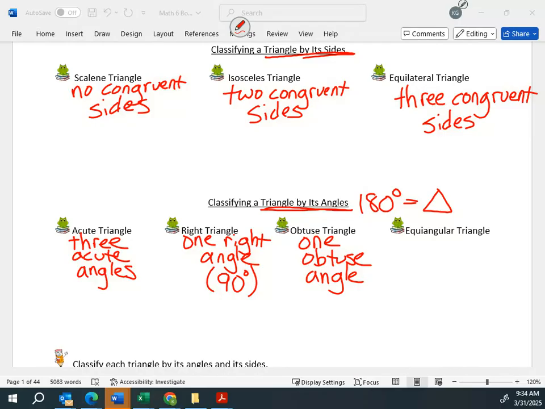An equiangular triangle has 3 congruent angles. What does that angle measurement have to be if it's equiangular? Nope. 1 angle measurement.